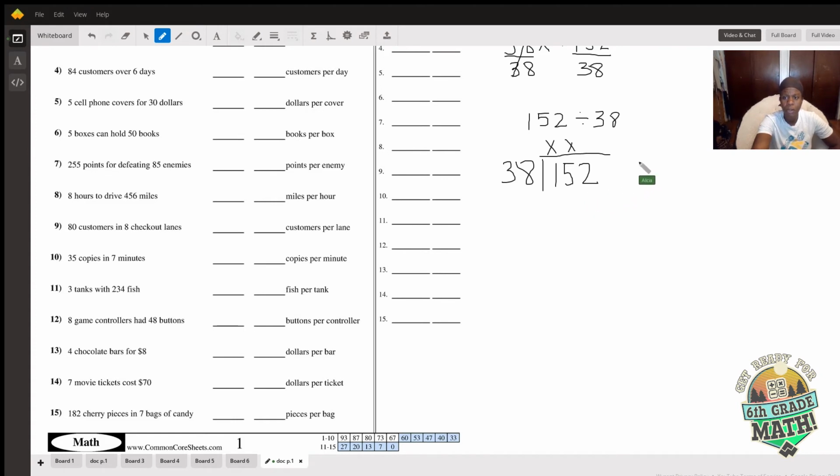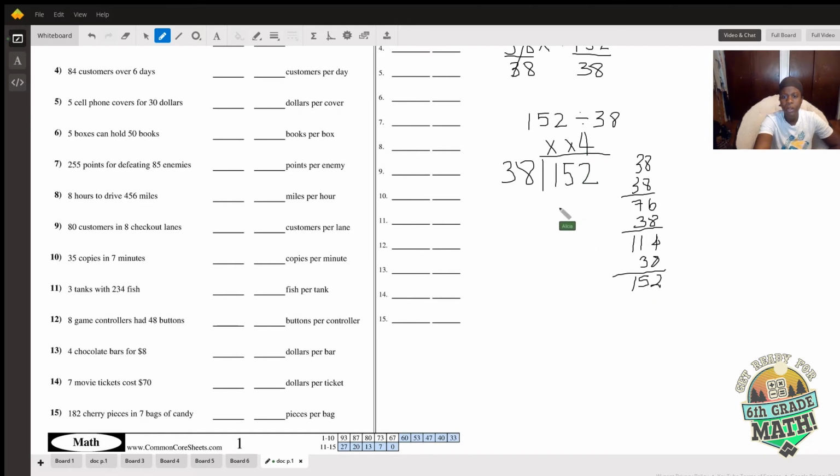So we have 38. That's times 1, because it's 38. 38 times 2, it's going to add along, gives us 76. 38 times 3 gives us 114. 38 times 4 gives us 152.